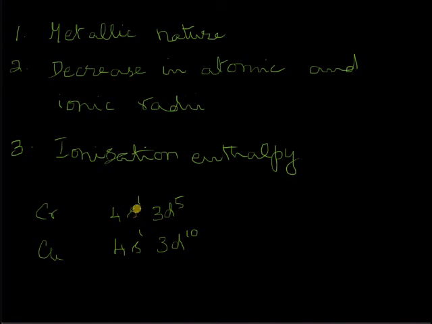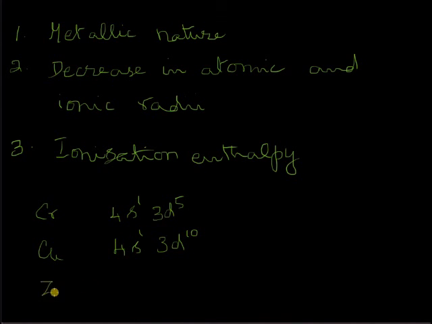See, when you remove the first electron, giving the first ionization enthalpy that is needed, it will be left with a stable half filled and completely filled 3d level. Hence, to remove the second electron, the energy required will be much higher, isn't it? So the second ionization enthalpy of these two elements will be much higher. You have to understand that.